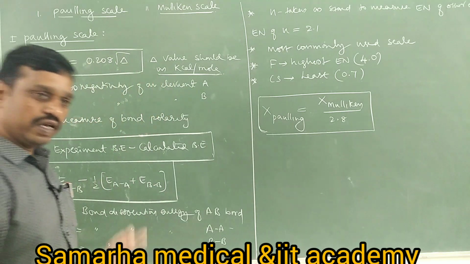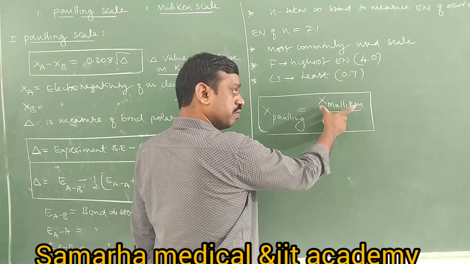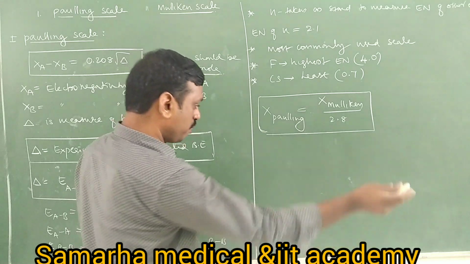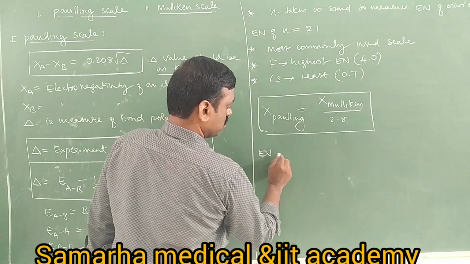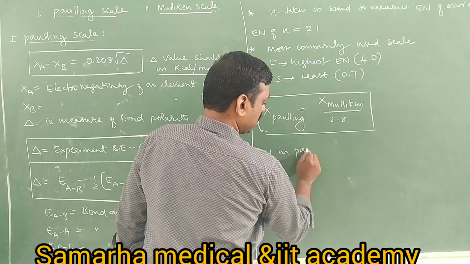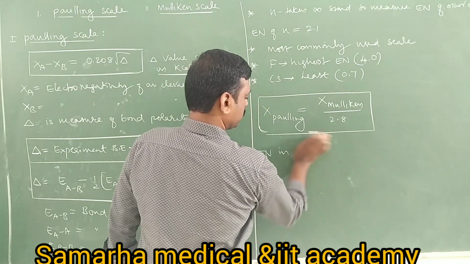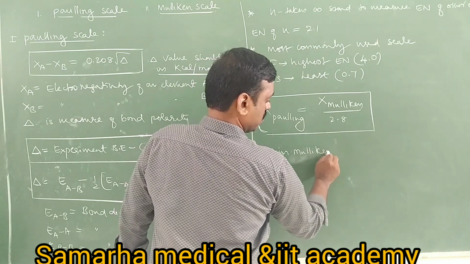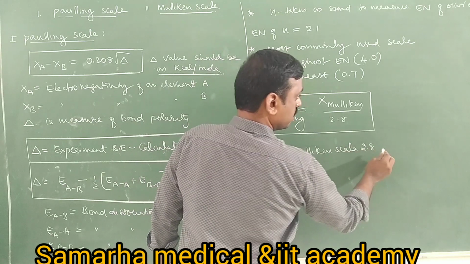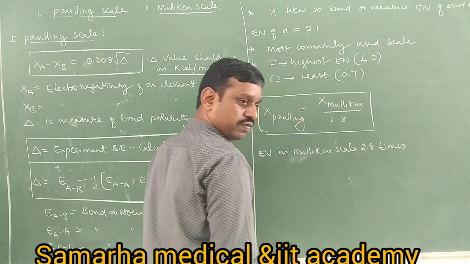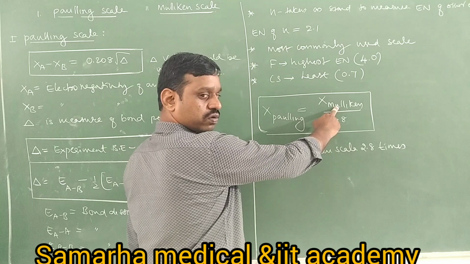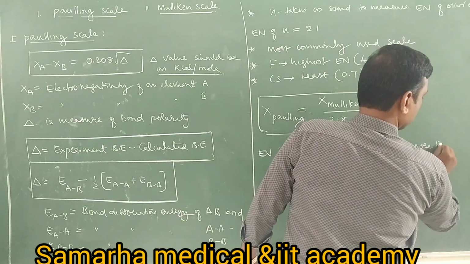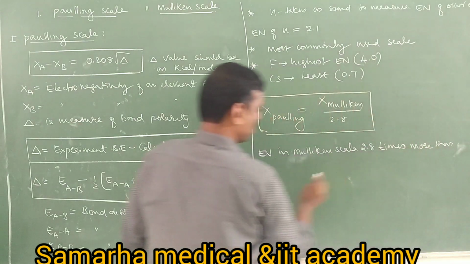I repeat once again: electronegativities in Mulliken scale are 2.8 times those in Pauling scale. Important.